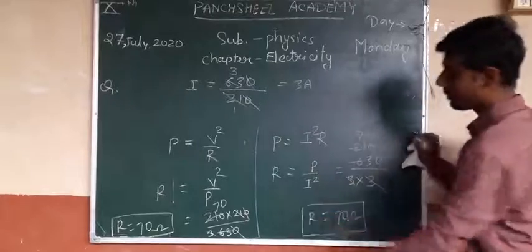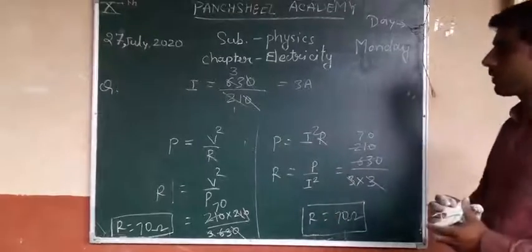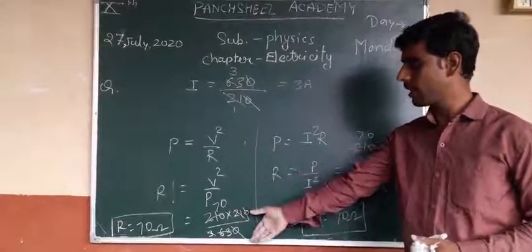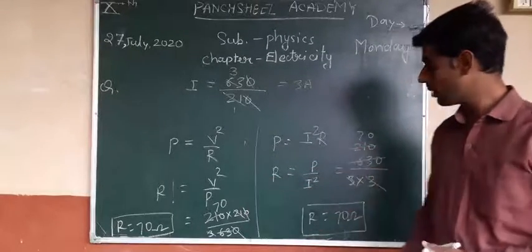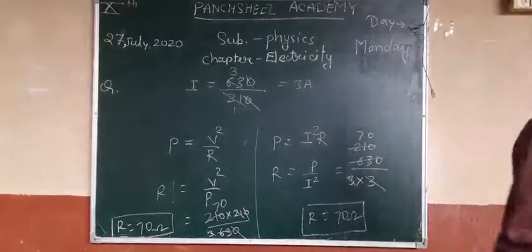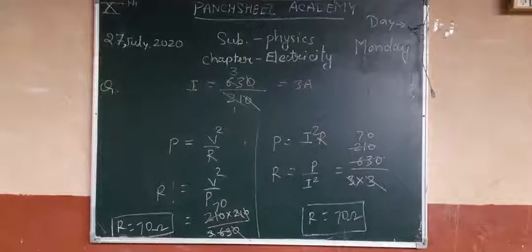Okay, so we have two formulas for the calculation of electrical resistance, either R equal to V square by P or P upon I square. Okay, so whichever is easiest, you can calculate easily.